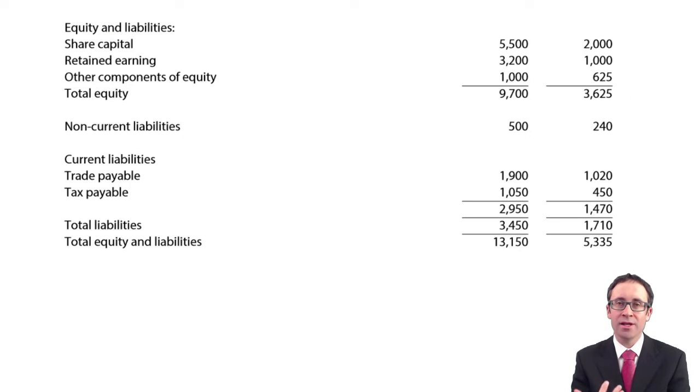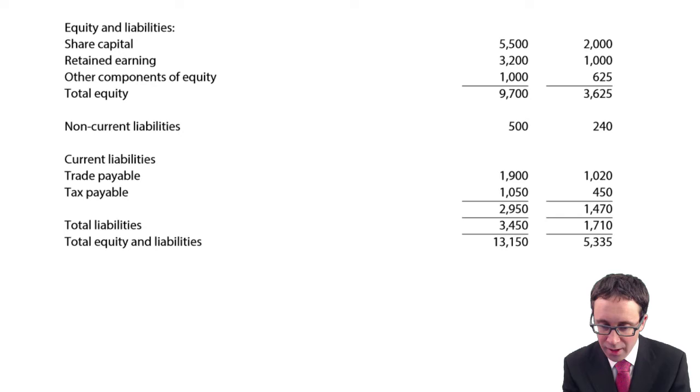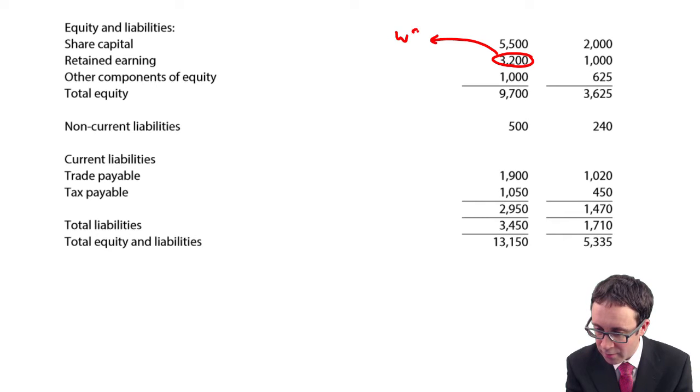You've then got the equity and liabilities at the bottom of the statement of financial position. Again, there's going to be some really useful balances in there, in terms of looking at the retained earnings of the parent, because does that normally feed into working 5?